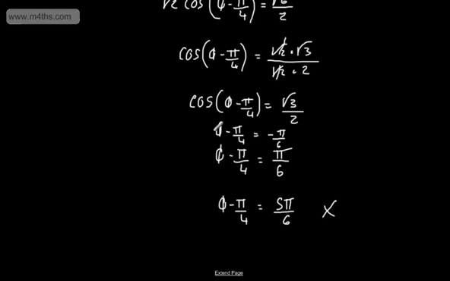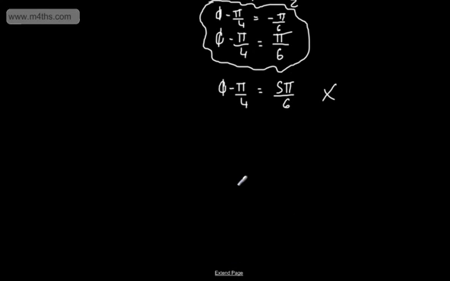So this is what I'm interested in. I'm interested in these two and these two only. So all we've got to do now is add the pi by 4 to both sides. So what I'm going to have, and I'll just write it out here, and I'll put these in terms of 12. So we're going to have theta minus 3 pi by 12 will be equal now to minus 2 pi by 12.